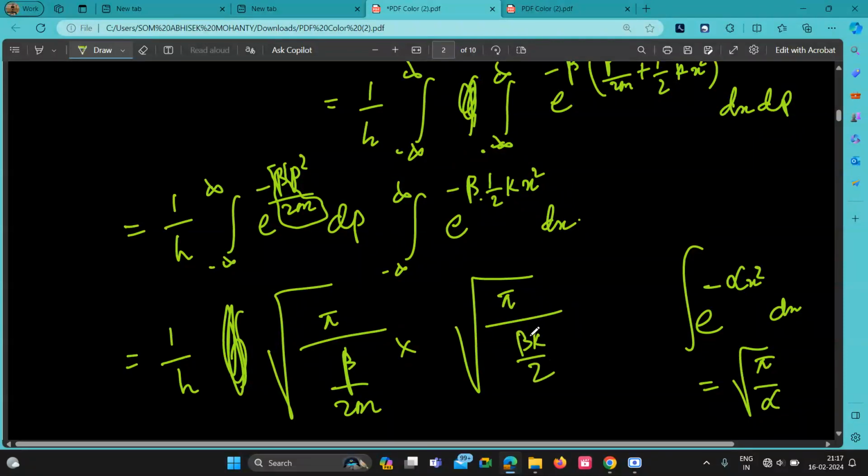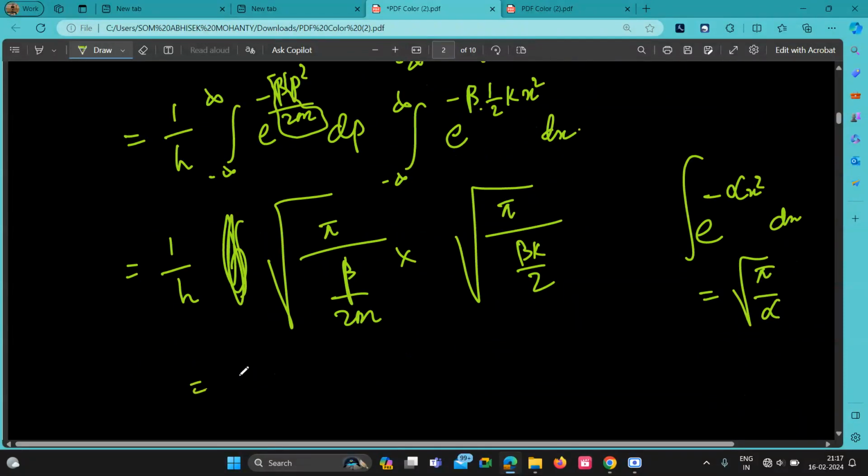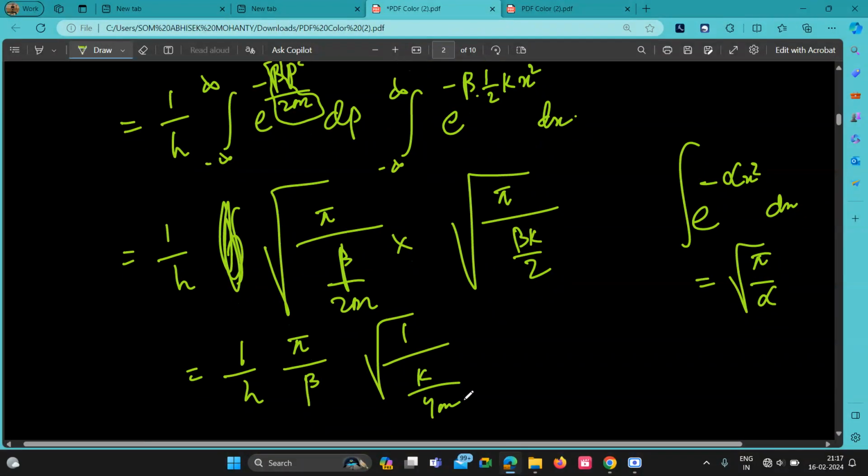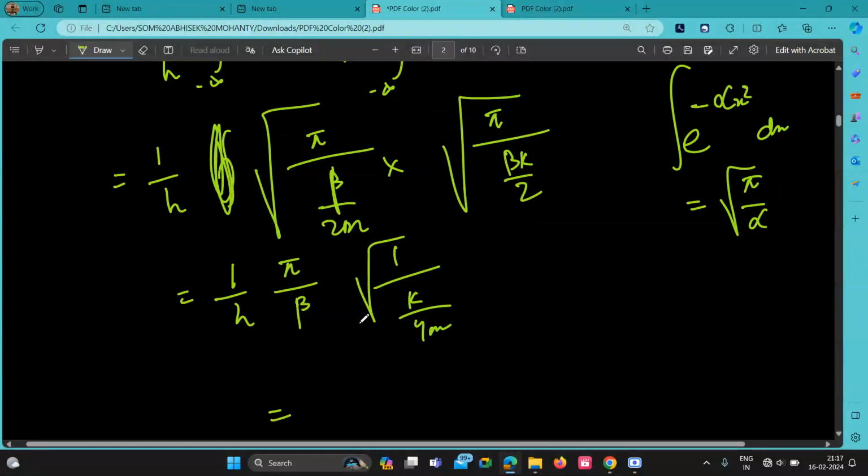So 1 by h, pi by beta, 1 by k by 4m. The 4 goes up and becomes 2. So 2 pi by h beta root of m by k.